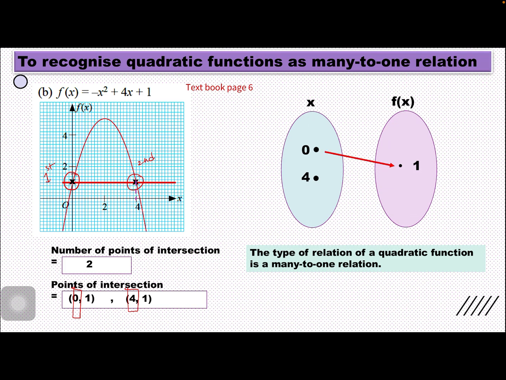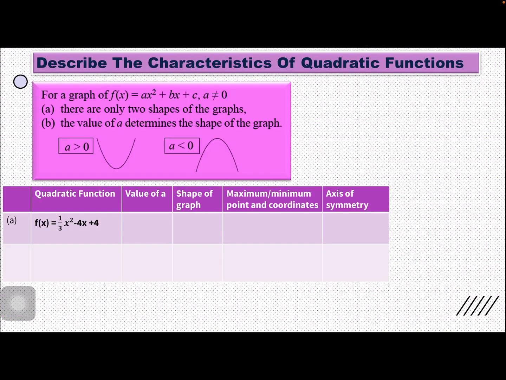So we can say that 0 is mapped to 1 and 4 is also mapped to 1. So the type of relation of a quadratic function is a many-to-one relation. Many here, and it maps to only 1 here, for f(x).